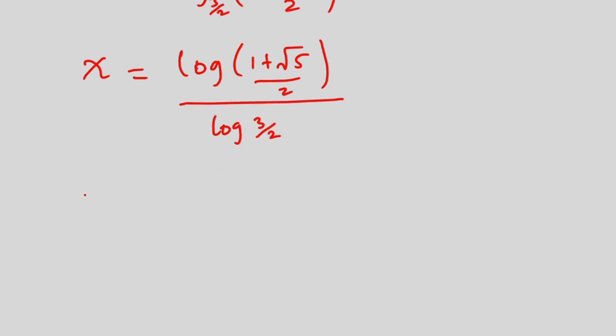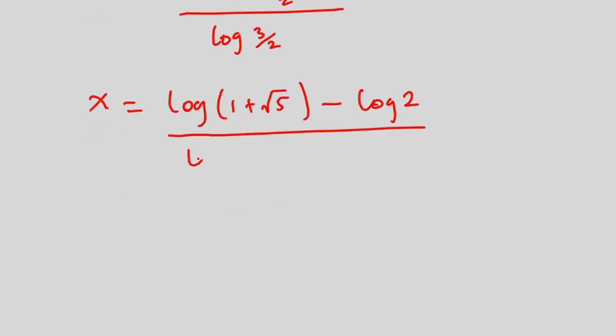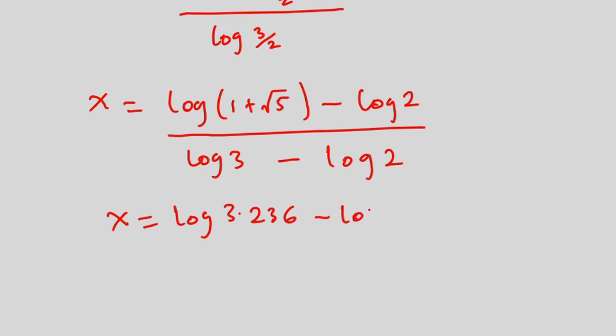And we can simplify this further as x is equal to log base 10 of (1 + √5) minus log 2, then all divided by log 3 minus log 2. 1 plus root 5 is simply 3.236, then minus log 2, divided by log 3 minus log 2.